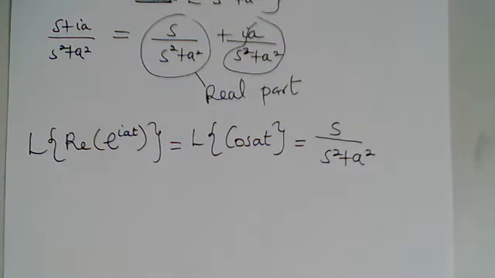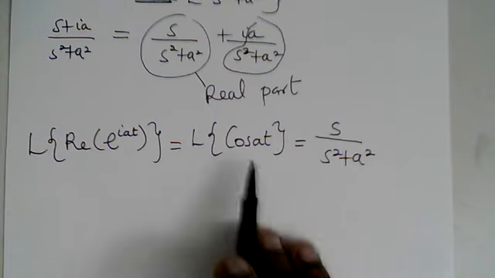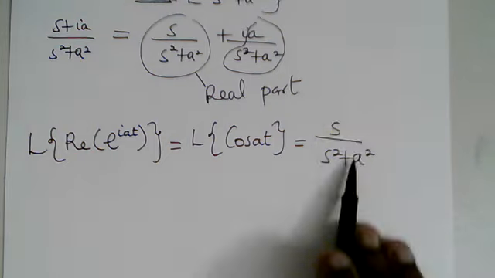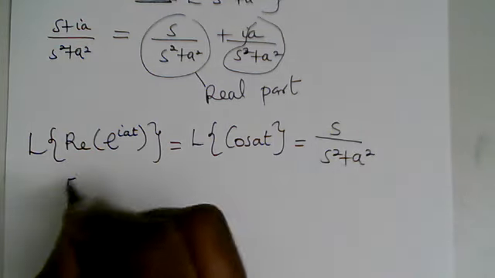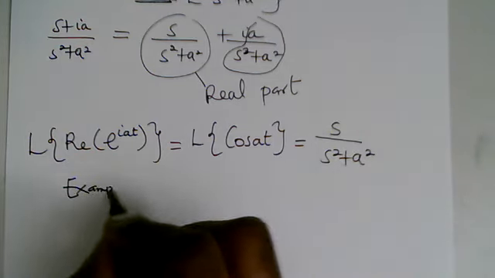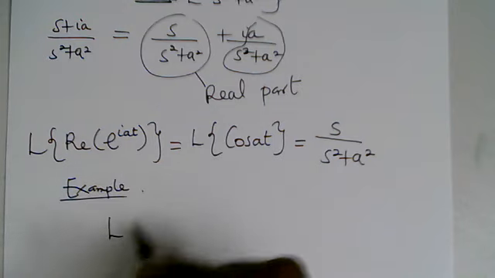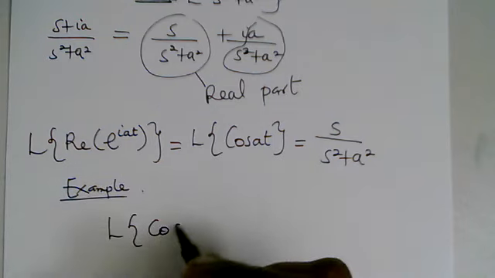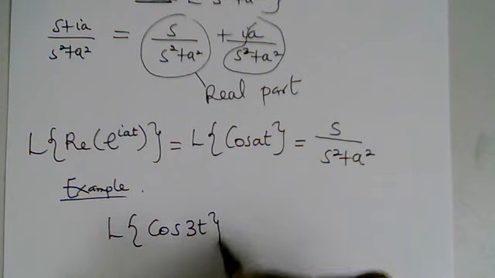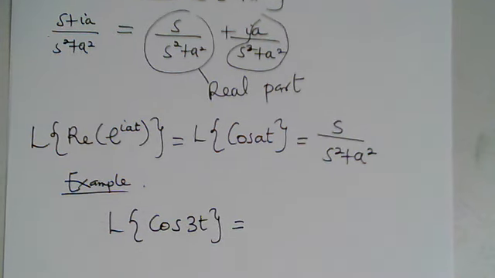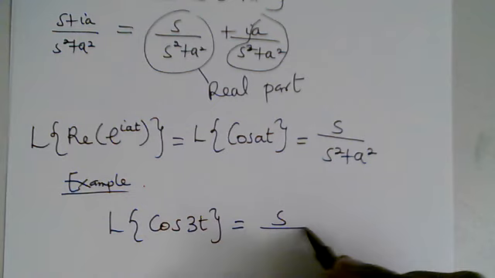When you're asked to find the Laplace transform of cos, all you need to do is identify your a and put it in this function, and that's all. Let's look at just one example: the Laplace transform of cos 3t. Over here, my a is 3, so I'm going to have s over s squared plus 9.